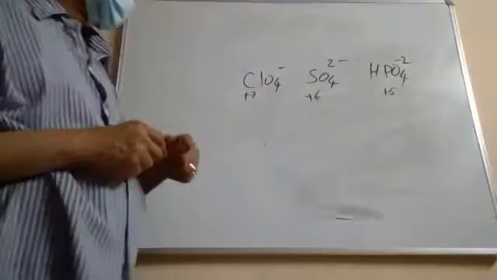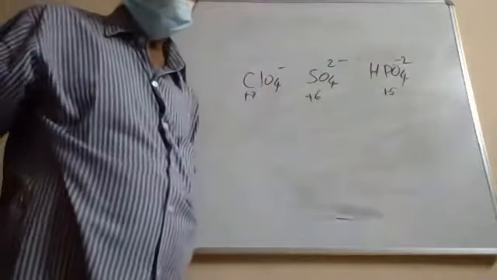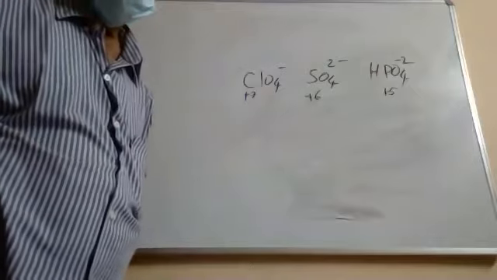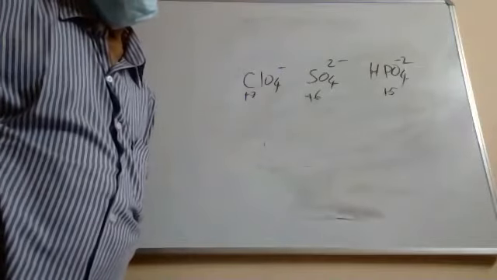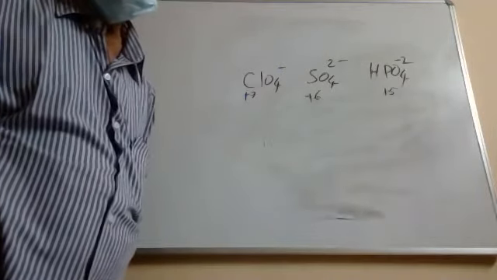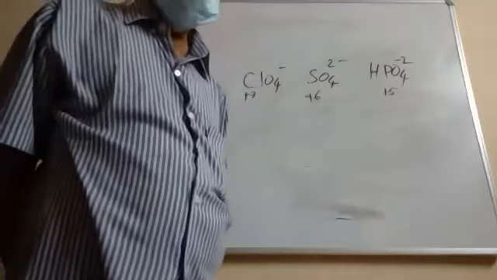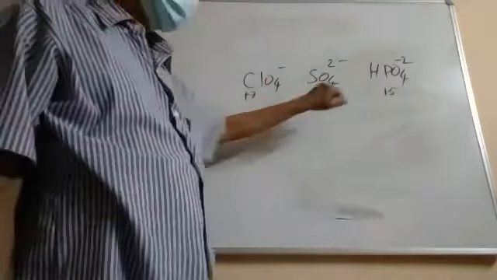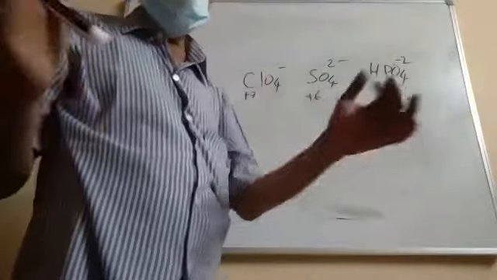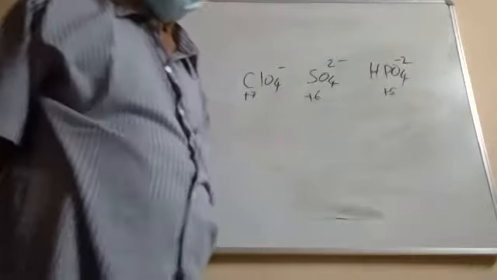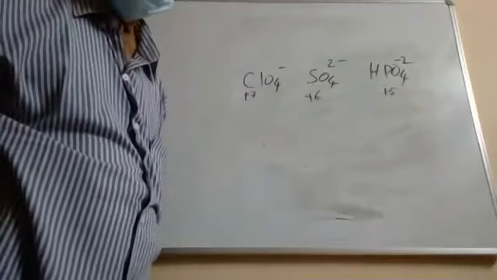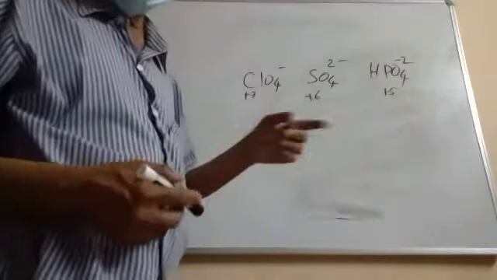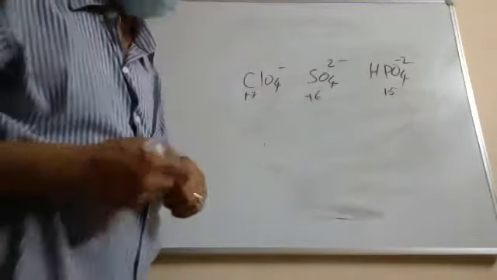So which oxidation state gives a larger size? If I have something 7 plus, 6 plus, and 5 plus, which one is generally bigger? The 5+. You're absolutely correct. So the bigger the size, the easier it is to be reduced.